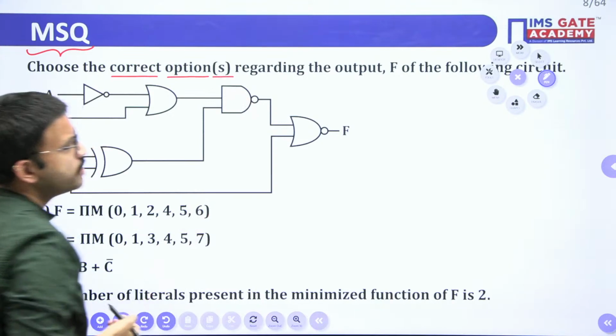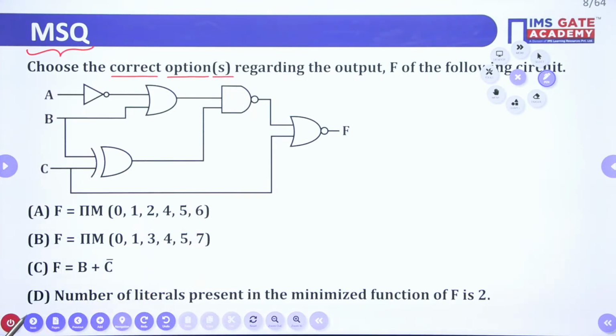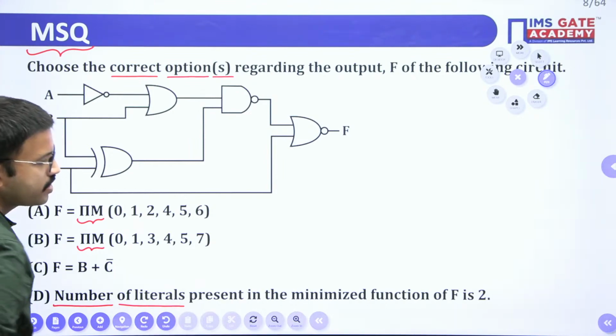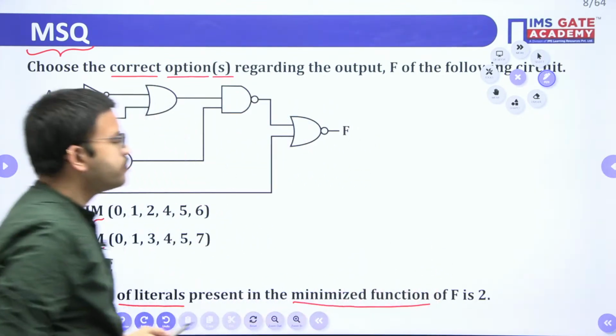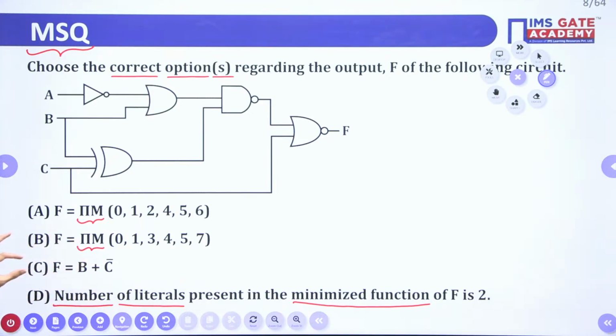Here if you observe, two choices are given in the Pi capital M form, option C is a simplified expression, and option D asks for the number of literals present in the minimized function. So two choices are related to the minimized function, two choices are related to the standard form. All of you give a try.